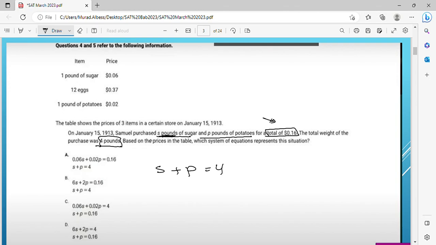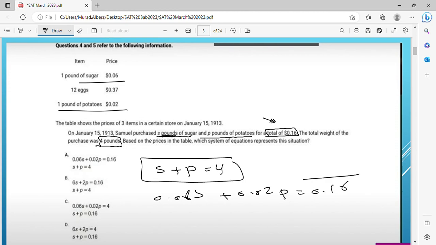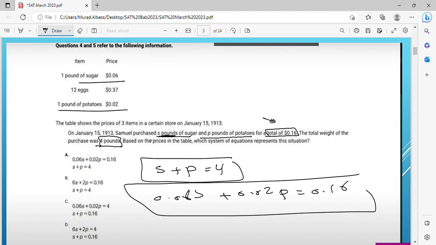Now every pound of sugar costs 0.06 S and every pound of potato costs 0.02 B. That's the cost, which is 0.16. So be careful. The answer here is A.